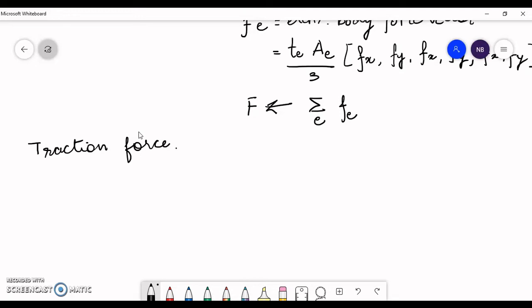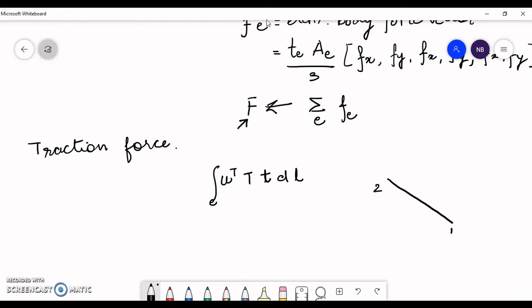So a traction force acting on the edge of an element also contributes to the global load vector, which is F. The contribution can be determined by considering the traction force term, which is given by integral u transpose T into the thickness into dl.